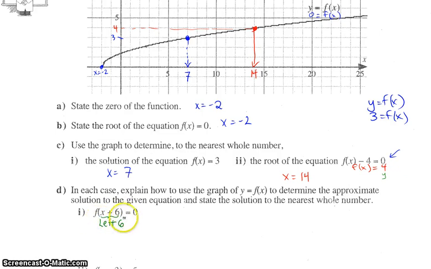So if we take our graph and we move it left 6, where it equals 0, at what point would this 0 now be? It was at x equals negative 2. It would now be at x equals negative 8, negative 2 minus 6, because we're moving it left. So the answer to this would be x equals negative 8.